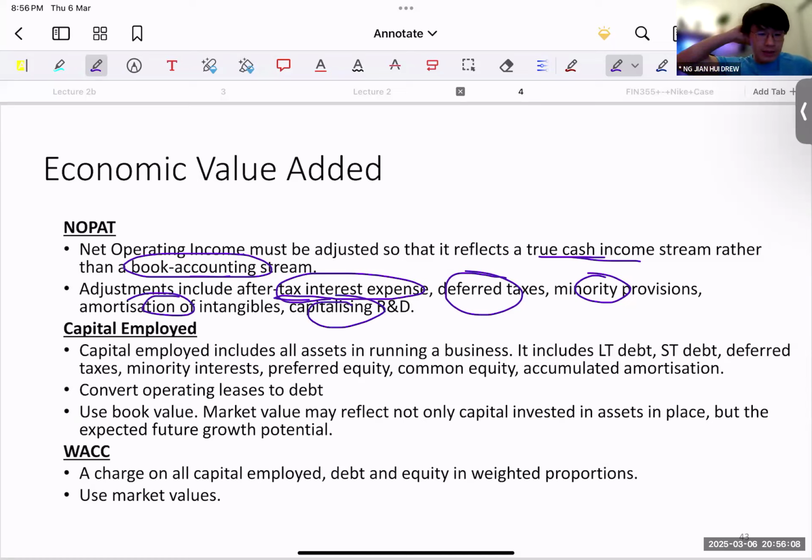Okay, so this concept of NOPAT changes with the company. Different companies have different variations of NOPAT on how they adjust the incomes to reflect the business more closely. So in the case where you're trying to adjust and get your NOPAT, kindly provide the justifications of why, let's say, you want to capitalize R&D, or why you want to amortize intangibles.